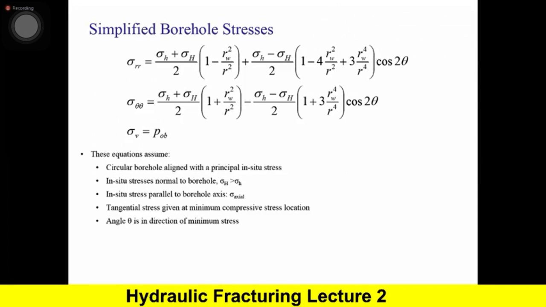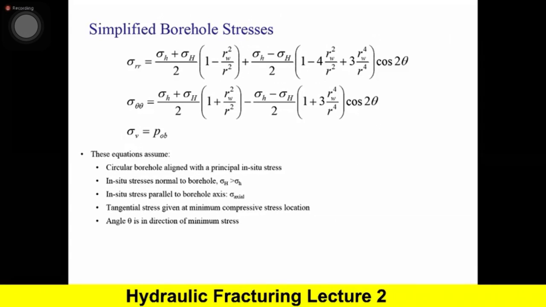What is cosine 180 degrees? I hope you remember it is minus 1. And so if I multiply that second quantity by minus 1, I will find out at 90 degrees the equation is fairly similar. It is 3 sigma H min minus sigma H max.